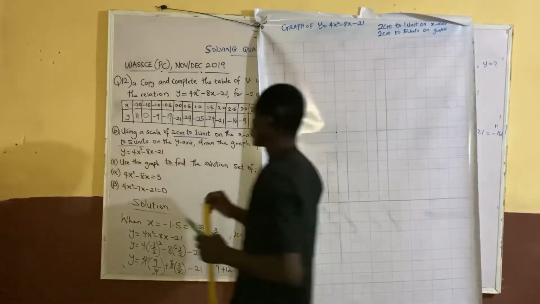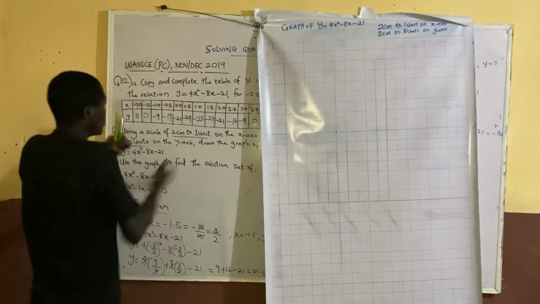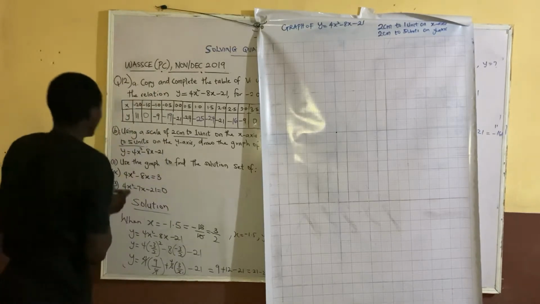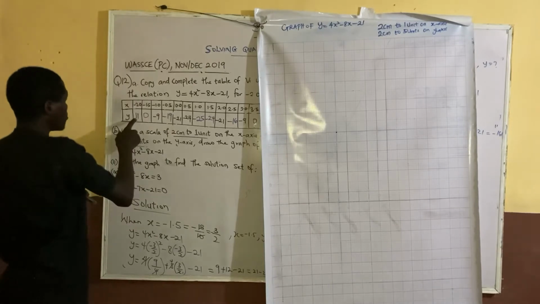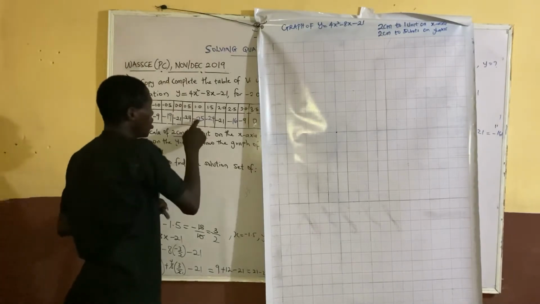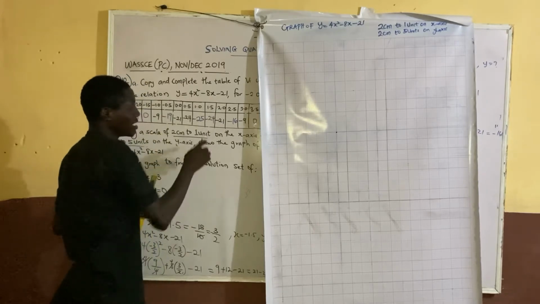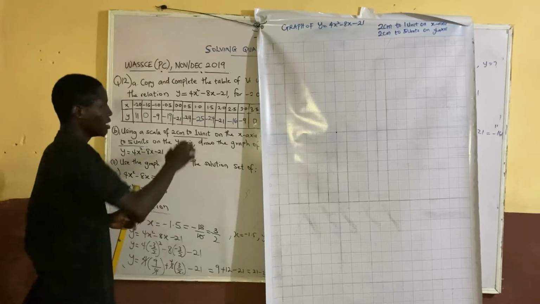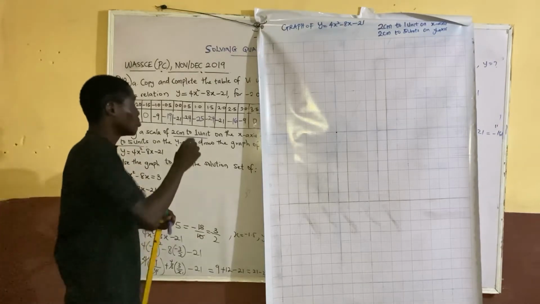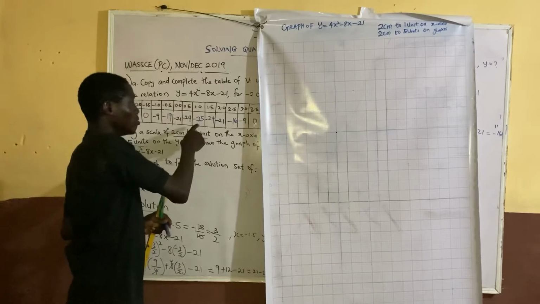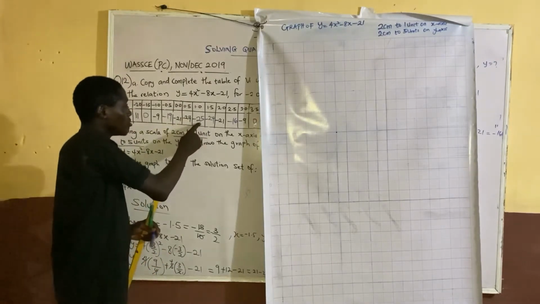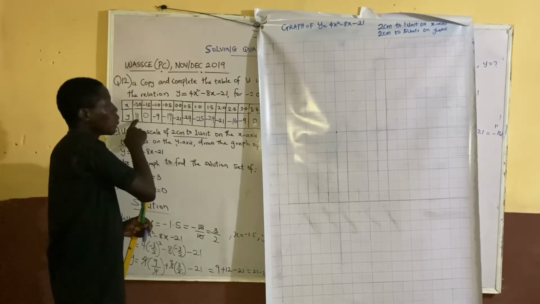Now looking at our y also, the maximum value of y on the positive side is 11. And on the negative side, the smallest number has a large value, so to say. It's 25, even though it's the minimum value because it has a minus. So the minimum value is minus 25, and the maximum value for y is 11.